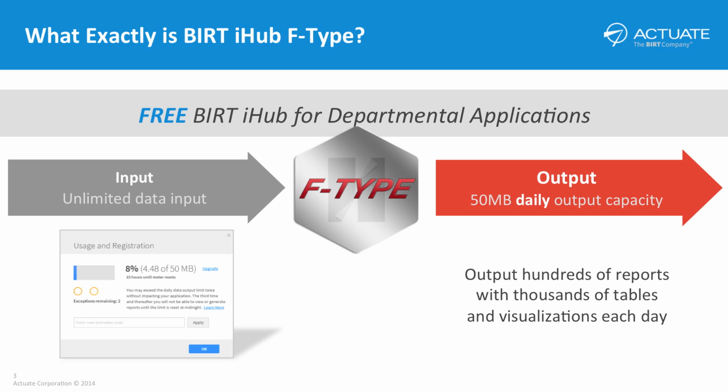What is it exactly? Again, it is a full-functioning BIRT iHub technology in freemium version from Actuate Corporation. It has very few limitations. On the inward bound side into F-Type, it has absolutely no limitations. So unlimited amounts of data from unlimited amounts of data sources coming into the F-Type.